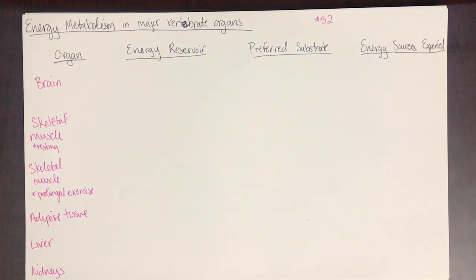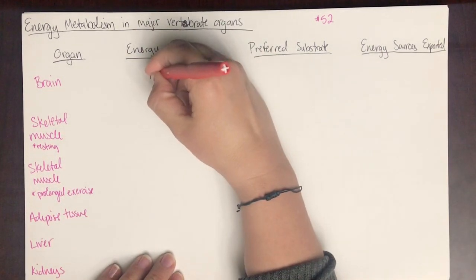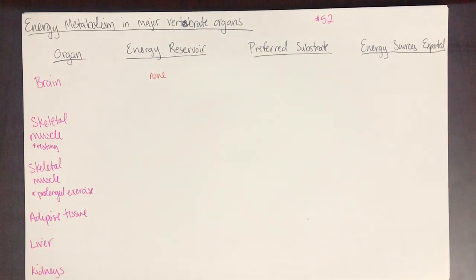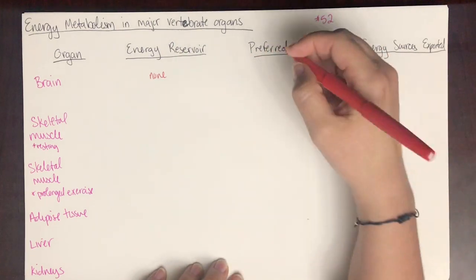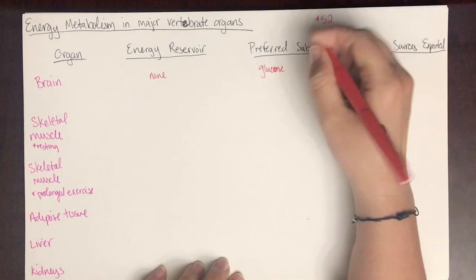Okay, so let's start with the brain. So the brain, energy reservoir, meaning does this organ store its own energy? And the brain does not have any stored energy. The preferred substrate for brain is glucose when glucose is available.